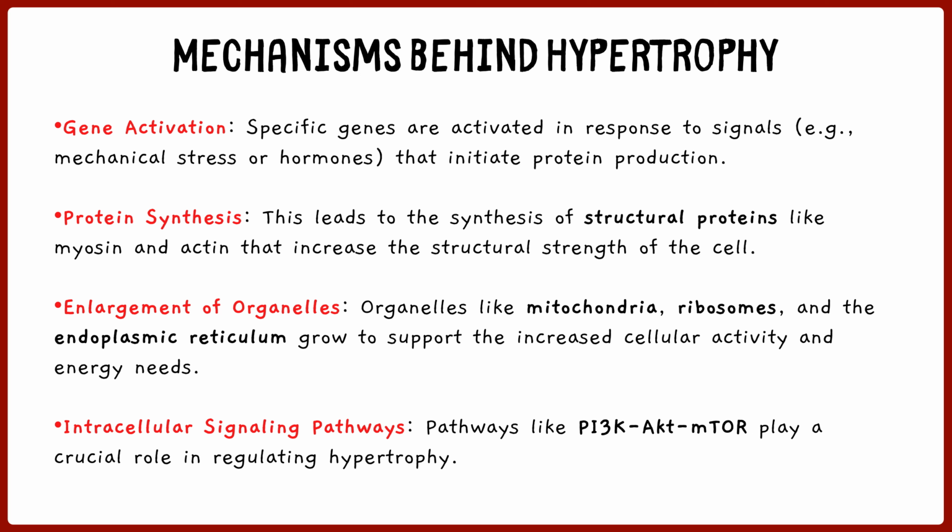We have other pathways that you can read through, like the G protein-coupled receptor pathway, which is usually triggered in pathological hypertrophy, like in heart disease. And then you have the calcineurin and NFAT pathway, which is also responsible for heart and muscle cell hypertrophy, and is related to calcium signals.